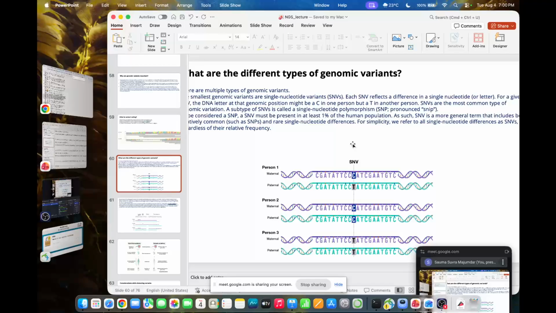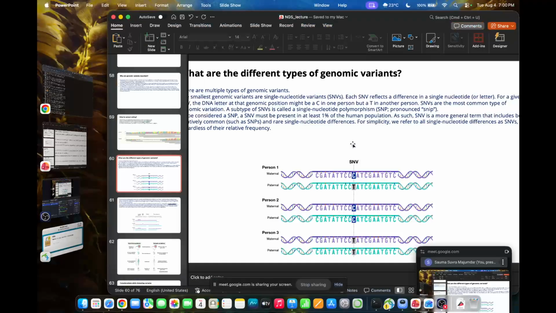So the effect of that variant will be determined based on how frequent it is in the population. If it is very rare, say less than 0.1% of individuals carry this variant, and each of those individuals also shows a phenotype corresponding to a disease, then it becomes important. Other than that, it is a benign variant. But generally, this is how you determine if there is a variant present in that location or not.